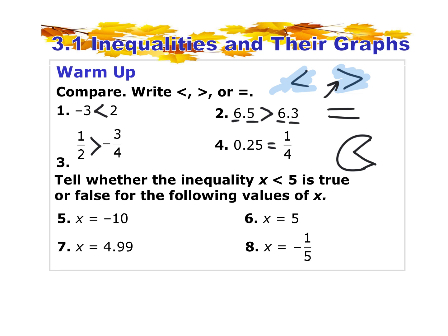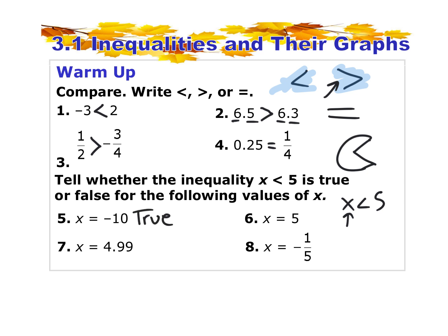So we're going to tell whether the inequality x is less than 5 is true or false for the following values. Remember, when we have x is less than 5, this x are all the numbers that can be solutions. So they can be 4, 3, 2, 1, 0, -1, -5, -10. All of those are solutions because they are smaller than 5. So with that in mind, since -10 is smaller than 5, we can say that number 5 is true.